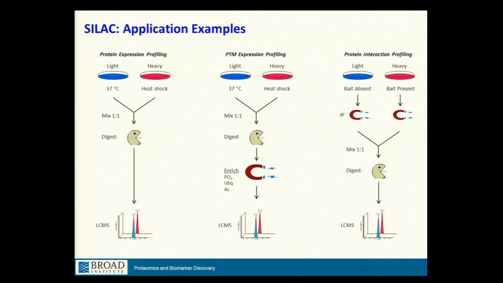You do these IPs now or in parallel, because if you mix them at the beginning, you wouldn't be able to separate out your heavy from your light proteins anymore. But as soon as you capture all these things, you can mix them together at the mid or post-IP stage, mix them together 1-to-1, digest, and now same LC-MS experiment where you measure all the ratios of all the peptides and the proteins.